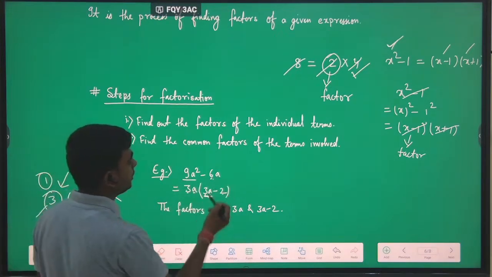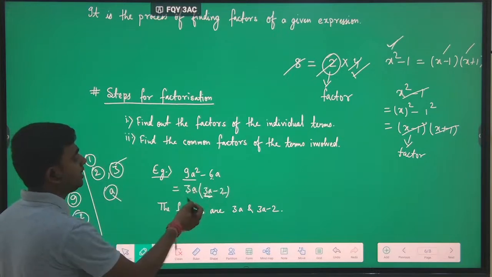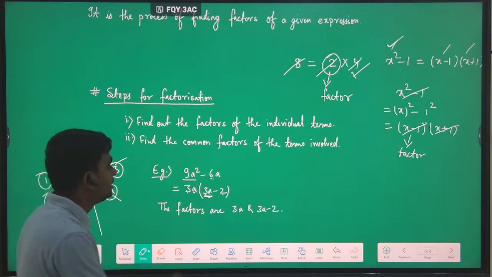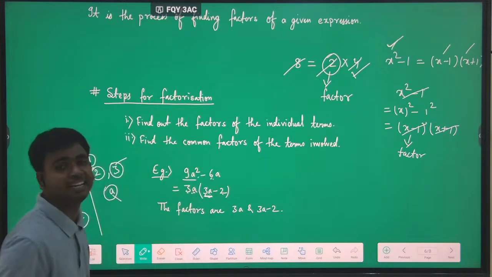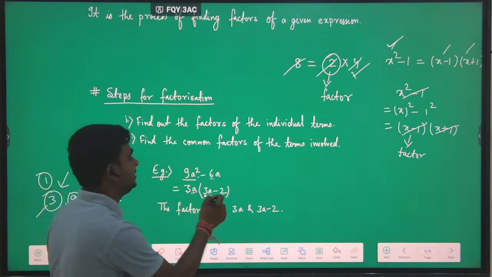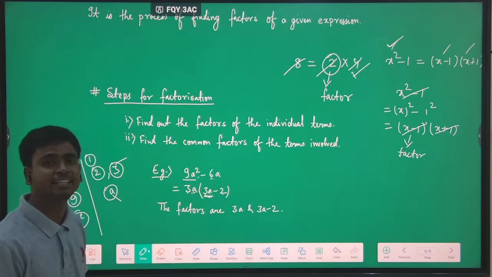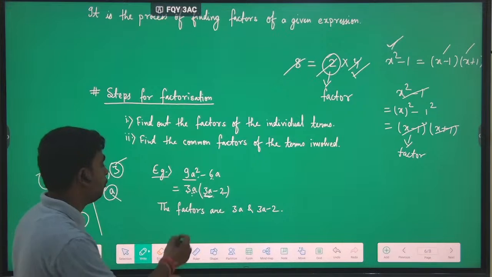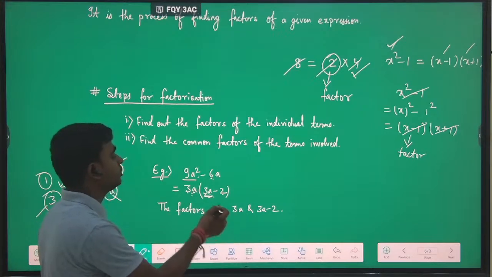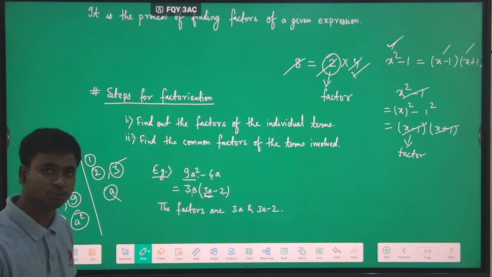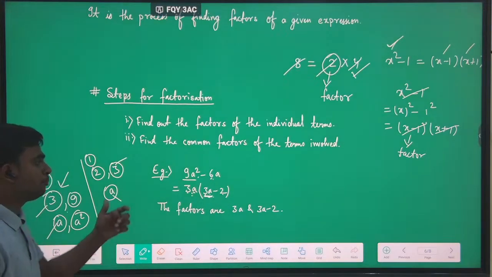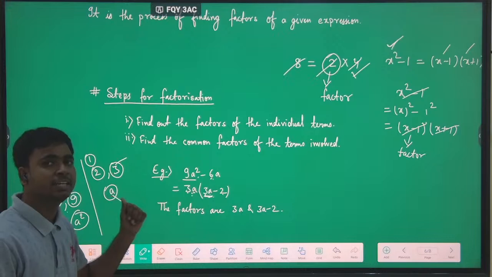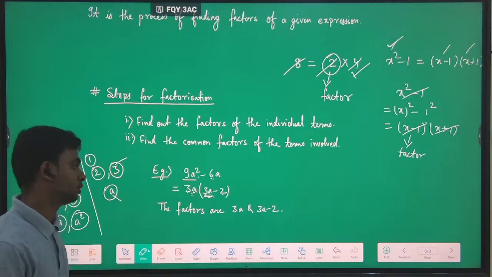So 9a square minus 6a will be written as 3a into 3a minus 2. What it means is that 3a will completely divide 9a square minus 6a, and 3a minus 2 will also completely divide it. So 3a and 3a minus 2 are the factors of this algebraic expression. The process of making factors of an algebraic expression is termed as factorization.